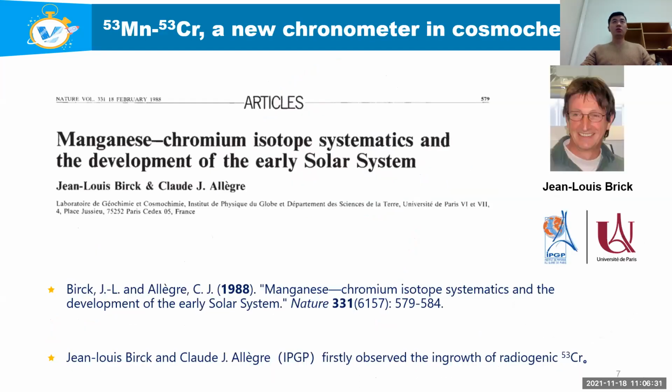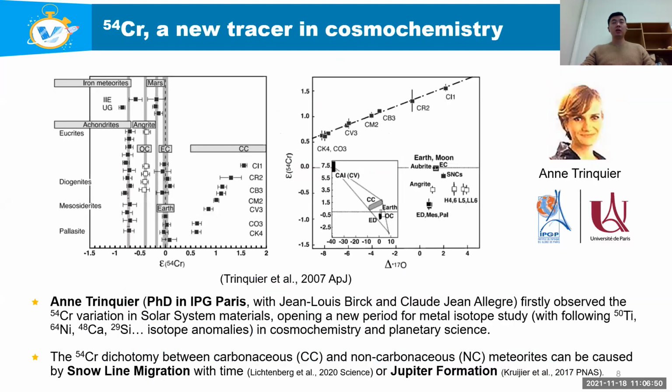Here I must mention 2 papers. The first is by Louis Birck, a colleague at IPGP, who first observed the ingrowth of radiogenic 53 chromium. Also Anne Trinquier from IPGP, the PhD student of Jean-Louis Birck, first observed epsilon 54 chromium, the nucleosynthetic anomalies in different solar system materials.